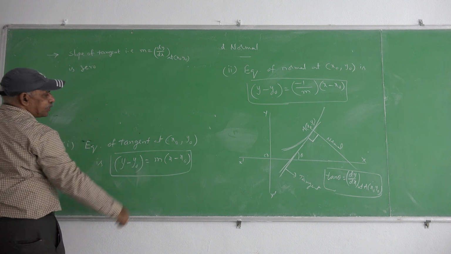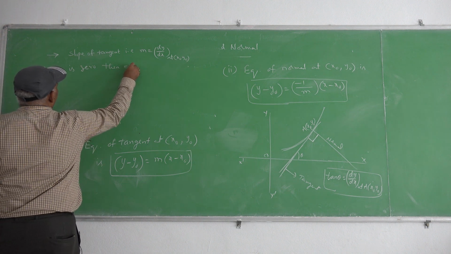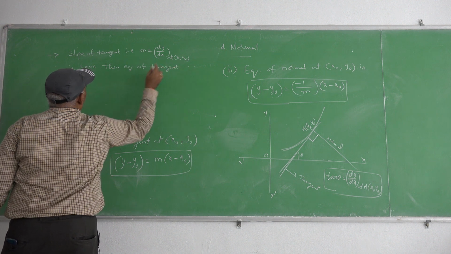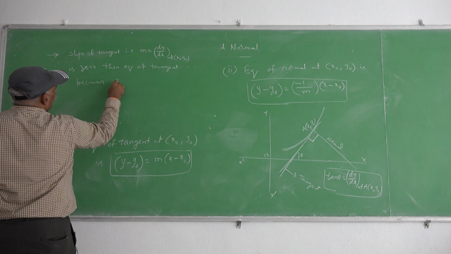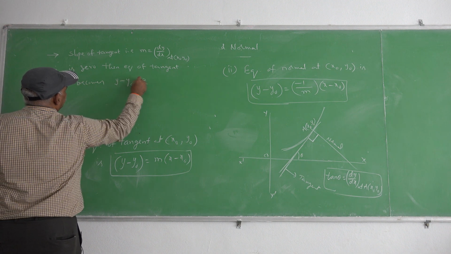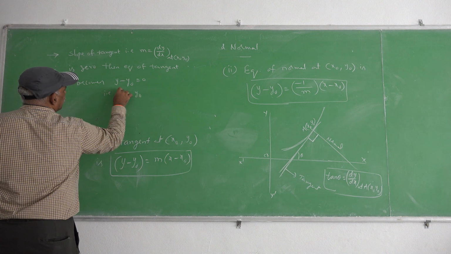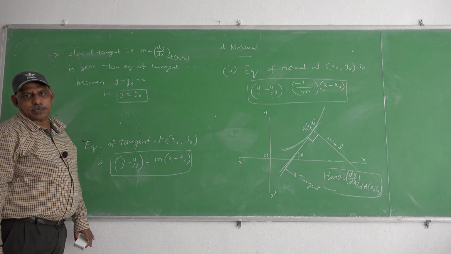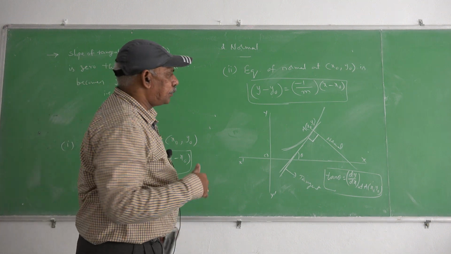Once slope m is 0, then equation of tangent becomes y minus y naught equal to 0. That is y equal to y naught. y equal to constant.